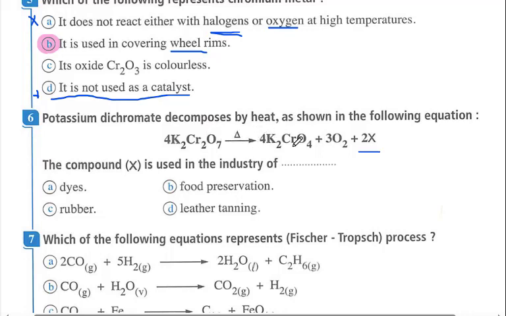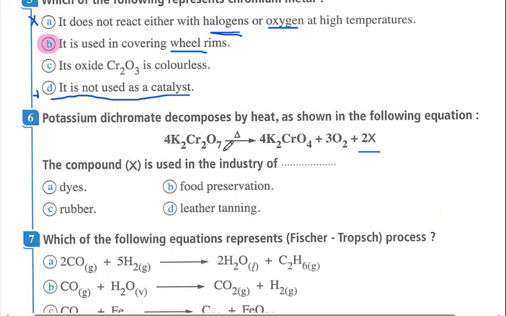Here, 4 times 4 is 16, and 6 oxygen, it is 22. Here 28.